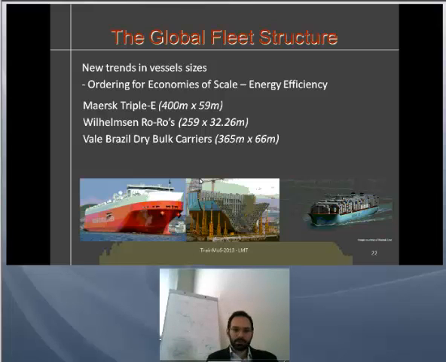It's approximately 360 by 66 meters wide. So these are some examples of vessels that have been ordered assuming that they will have transport work and they will gain from economies of scale.